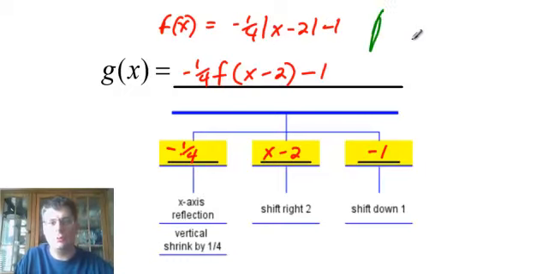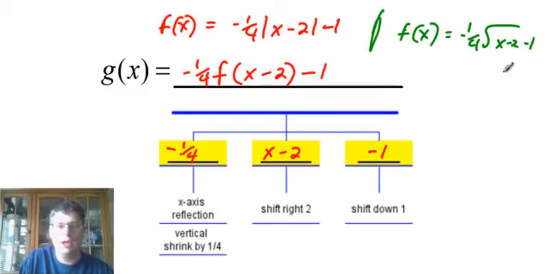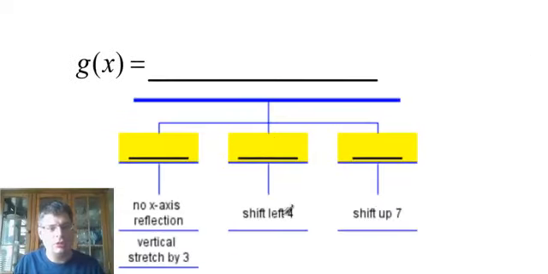Or if I wanted to, it could have been a square root function. It could have been f of x equals negative 1/4 the square root of x minus 2, minus 1. Okay, so hopefully this gives you a little better feel for the transformations, how they work.